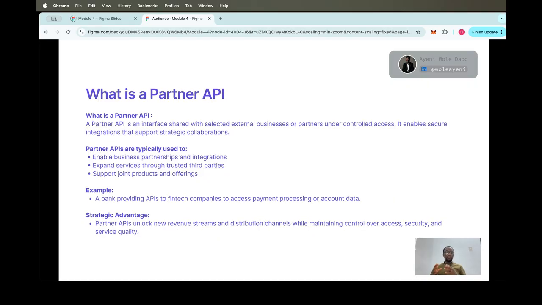Lastly, we'll be looking at partner APIs. This is an API that is shared with selected businesses or trusted partners. A common example is the banking industry today, exposing their APIs to fintechs for services ranging from payment processing and account access to other financial related services.